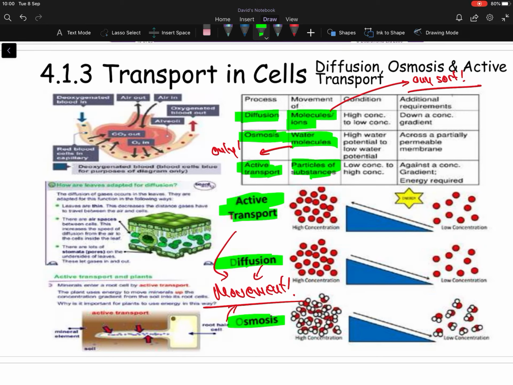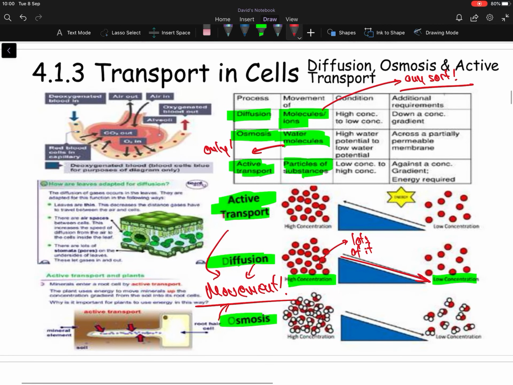Now, when we are looking at diffusion to start with, diffusion is the movement of substances from where there is a high concentration, so where there is lots of this substance, to areas of low concentration, where there is few of the particles.